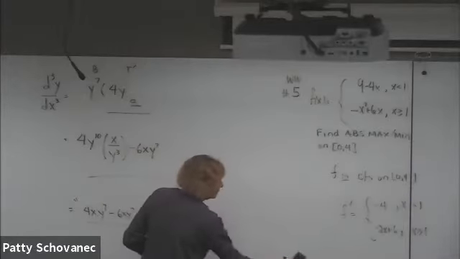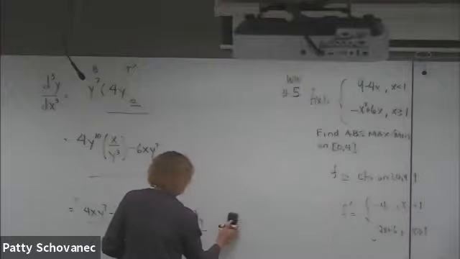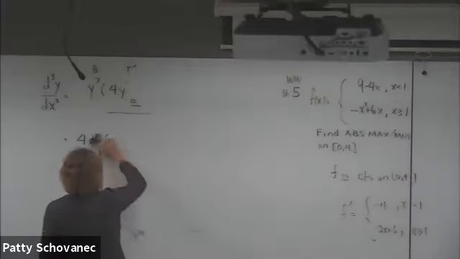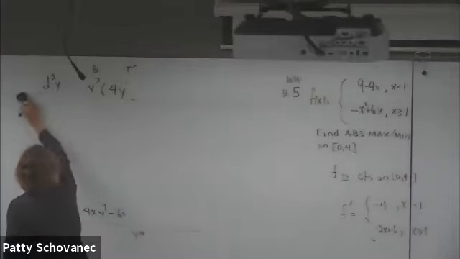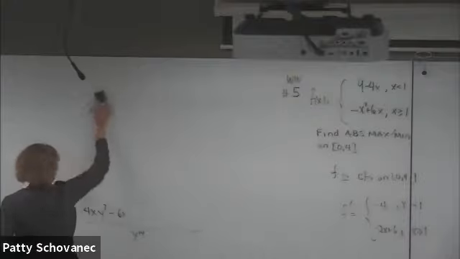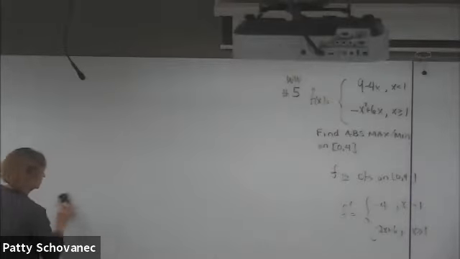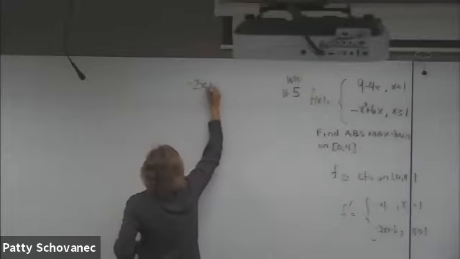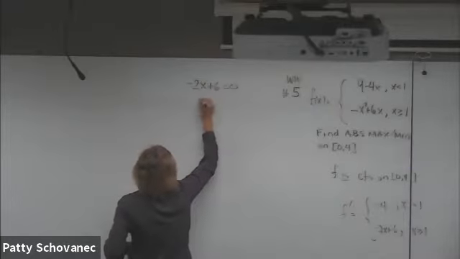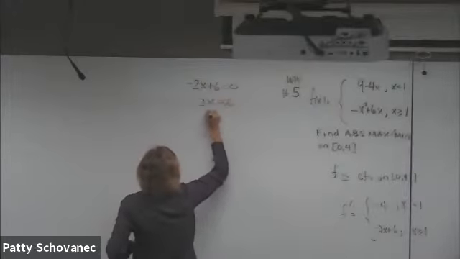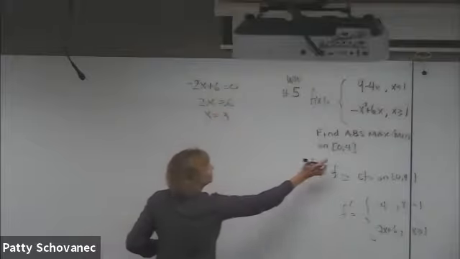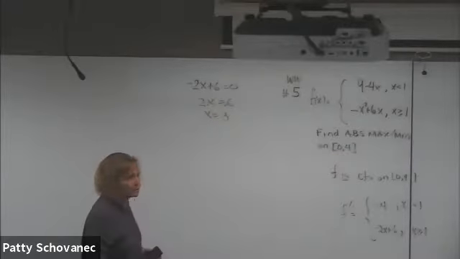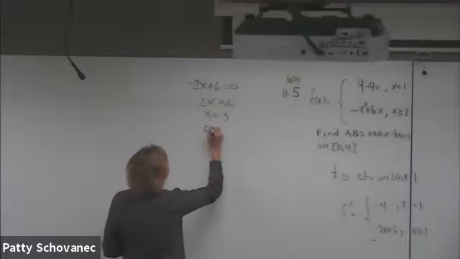So there's a critical number in the interval. That second little snippet there, set that equal to 0 and solve for x. And 3 is in the interval. So that's a critical number.